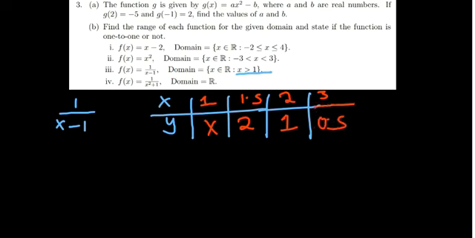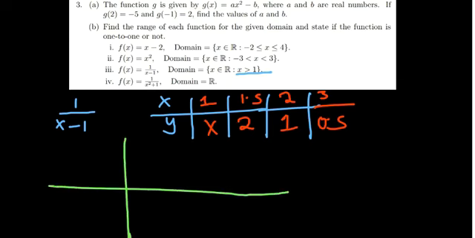So if we were to sketch this graph, it can never cut this line where we're saying x should be greater than 1. It can never be equal to 1. So that becomes what we call the vertical asymptote at x equals 1.